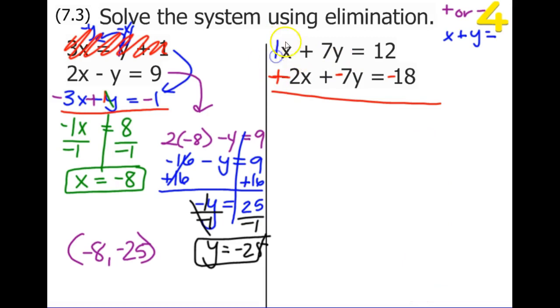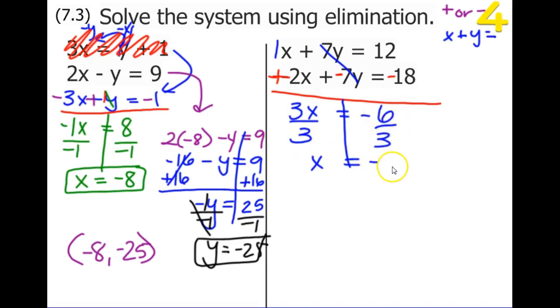So now we have 1x plus 2x is 3x. 7 minus 7 is gone, eliminated. And then 12 minus 18 is a negative 6. More negatives there. So last, just divide by 3. And we get x equal to a negative 6 divided by 3, which is negative 2.